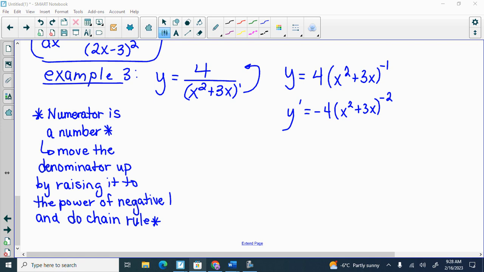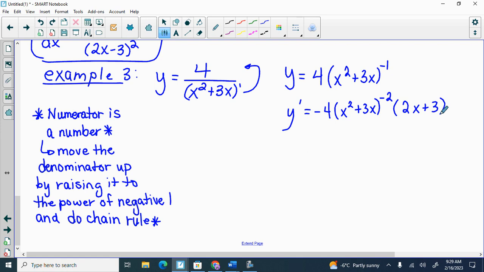Chains of information. Okay. What have I not done the derivative of yet? The inside, correct? So now I just get a chain behind it of the derivative of the inside. That's it. And if I want it to match the quotient rule answer, what's going to happen?